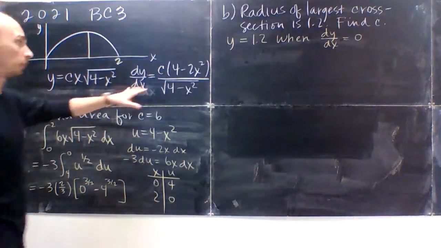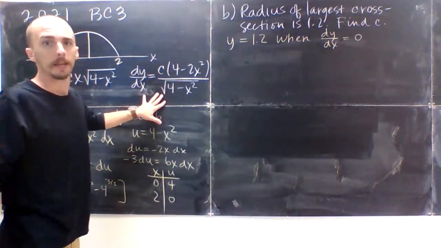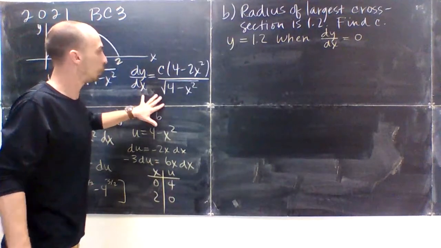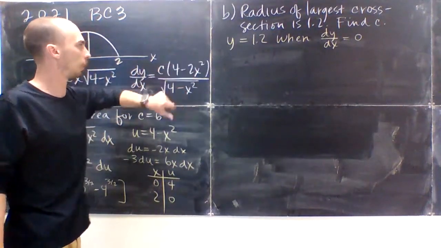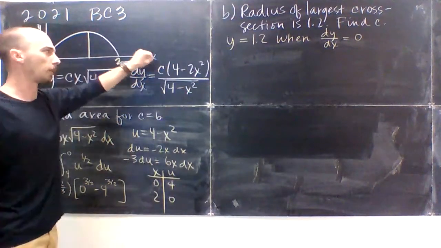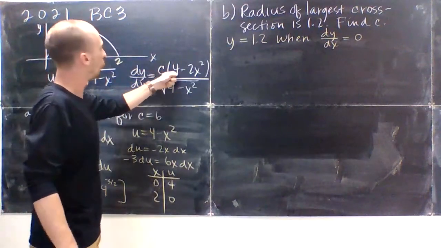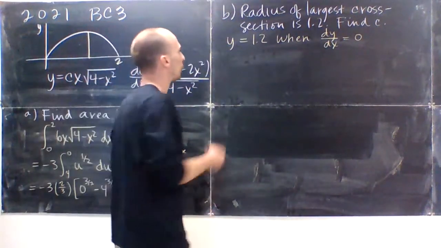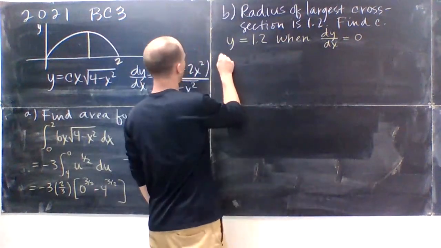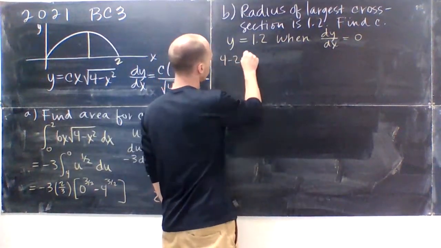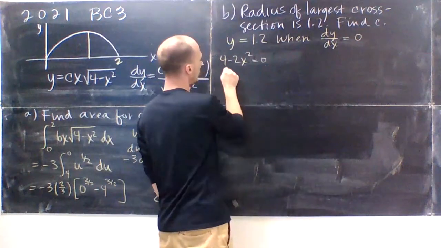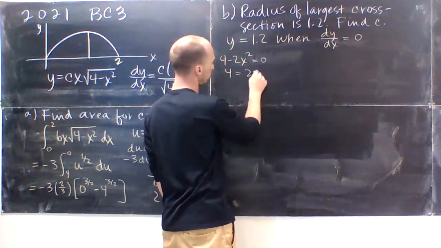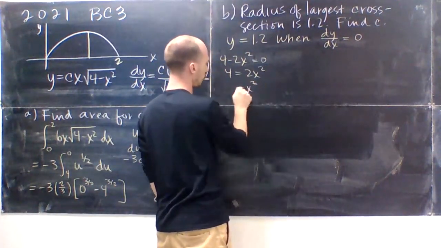Now, fortunately, we've got an expression for dy/dx. dy/dx can only equal 0 when this numerator is 0, and we're only interested in positive x values and positive c values, so that's going to be where x is equal to the square root of 2, and I'll show you that. So 4 minus 2x squared equals 0, so 4 equals 2x squared, and x squared equals 2.